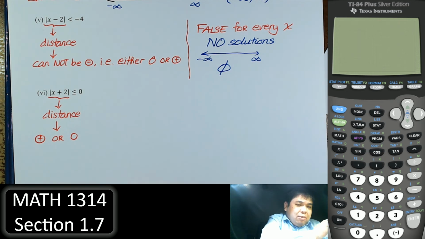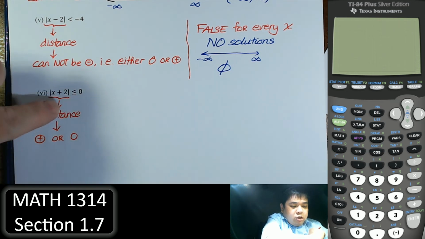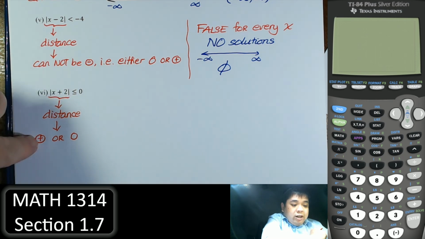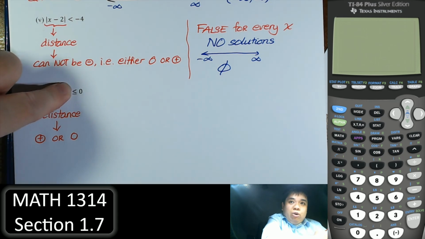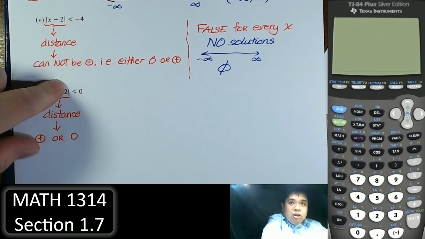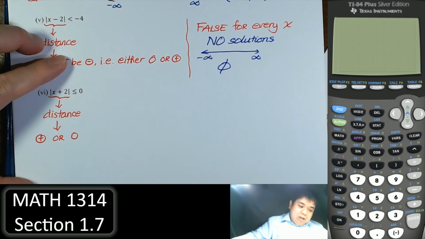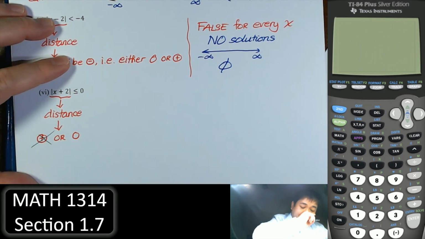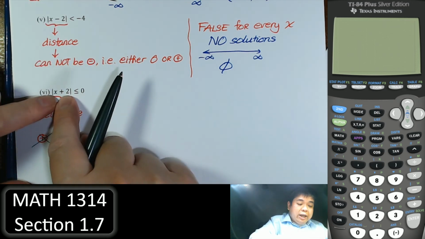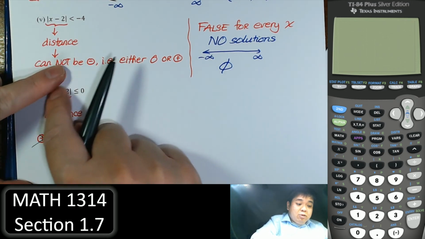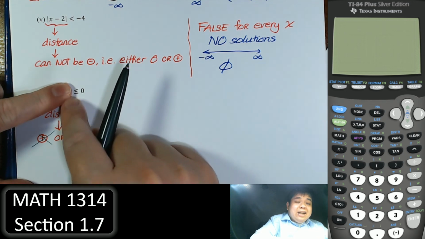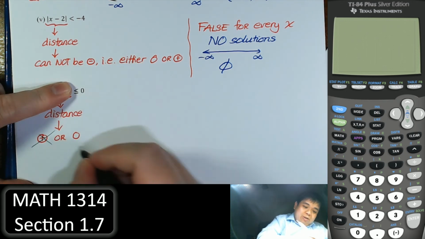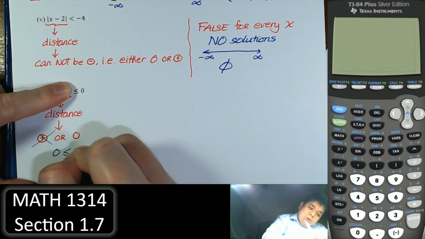Right, now think about this. If we put positive in here, positive less than or equal to 0, that will not work, right? Positive is not less than or equal to 0, so positive doesn't work here. Now, if we put 0 in the absolute value, 0 less than or equal to 0, which is true.